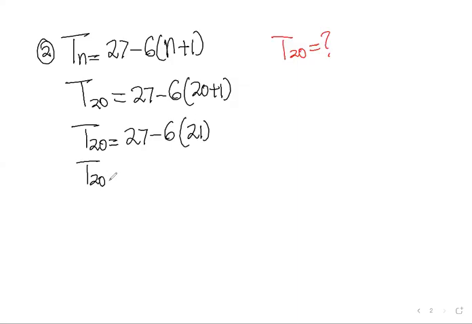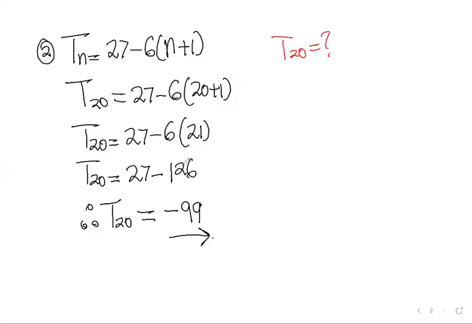Then our T20 equals 27 minus, now we're going to multiply 6 times 21. What are we getting? 126. I'm going to say the 20th term, therefore, the 20th term being represented by T20 equals 27 minus 126. That means it is negative 99.